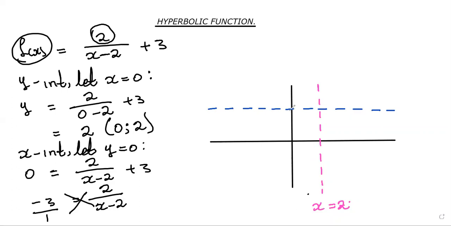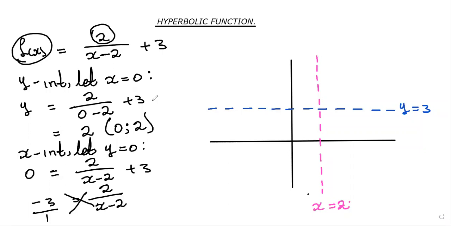I think I might want to extrapolate the y-axis a bit, so let's say this is y equals 3. Let's extend the y-axis a bit, more or less. So it means we must also extend the vertical asymptote.